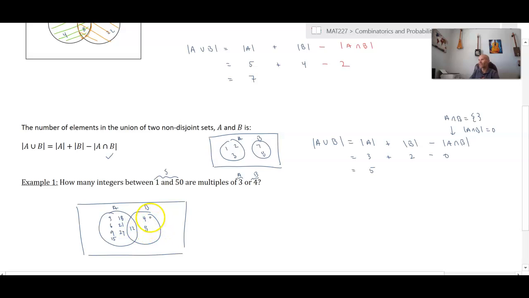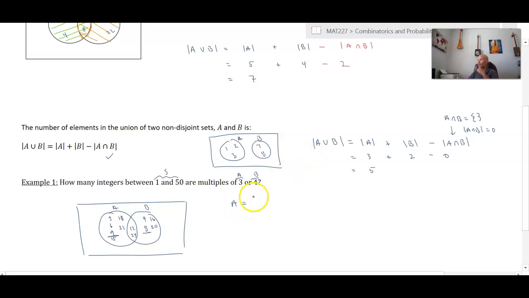Here we would have 16, 20. And then 24 is actually in common between the two sets. Now notice that every fourth multiple of 3 is the same as every third multiple of 4. And it wouldn't simply be that we could add up the size of A, right?